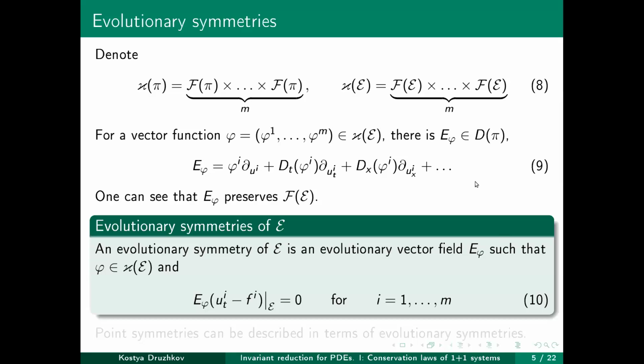An evolutionary symmetry of epsilon is an evolutionary vector field such that its characteristic, this vector function p, is an element of this product couple of epsilon, and formula 10 holds. That is the derivative with respect to this evolutionary symmetry of our equations on the equation manifold.